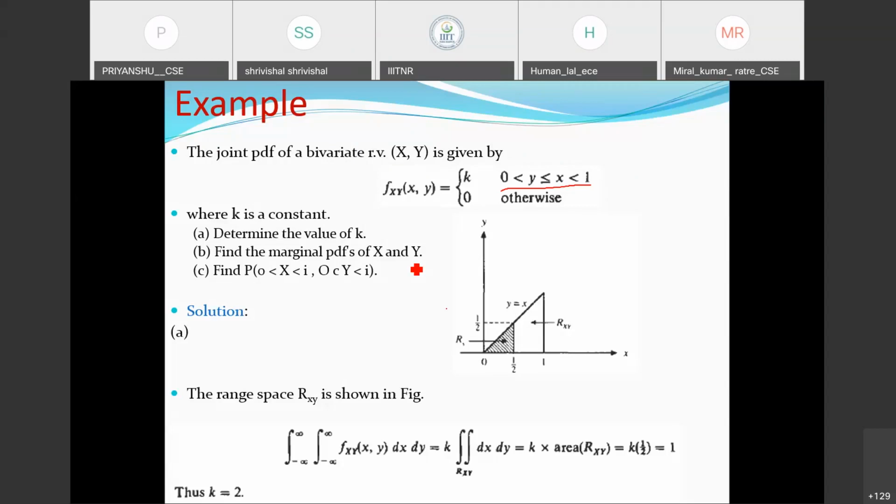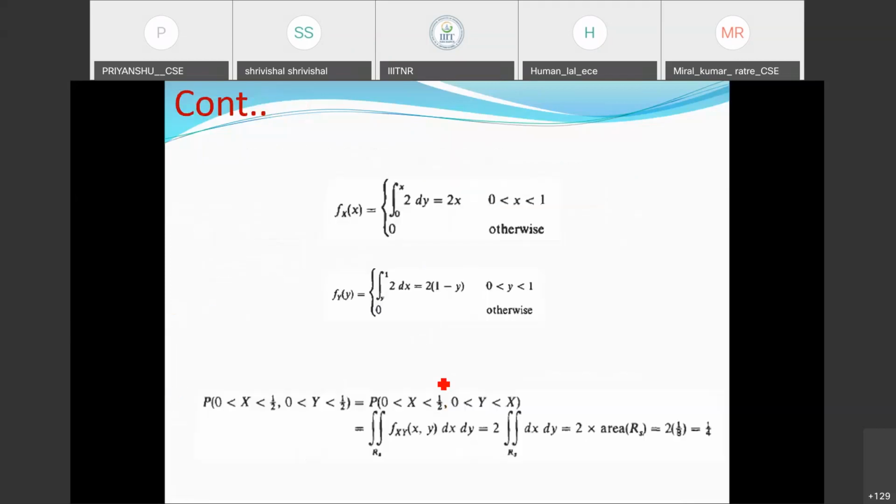So again, I got responses from a few of the same faces here. Okay, but anyway, let me check here. Then it will be clear. So who are the lucky ones to get the answers? 2x and 2.